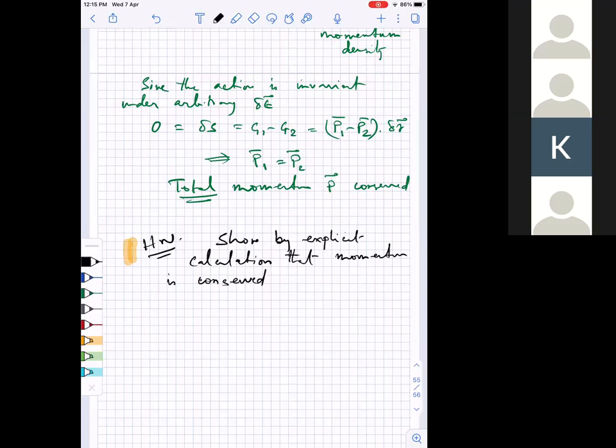But what I want you to do is show by explicitly calculating. So what you want to show is d/dt of dq r g equals 0. Show by explicit calculation that this is 0.